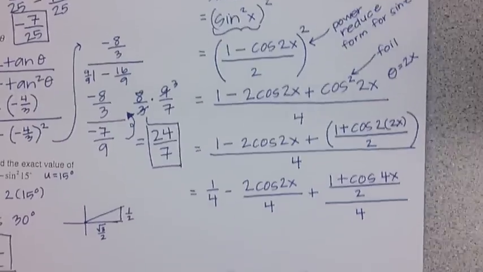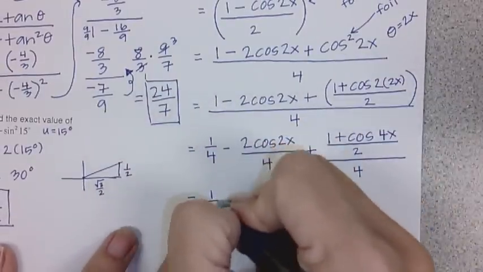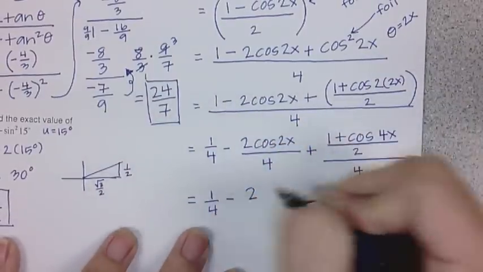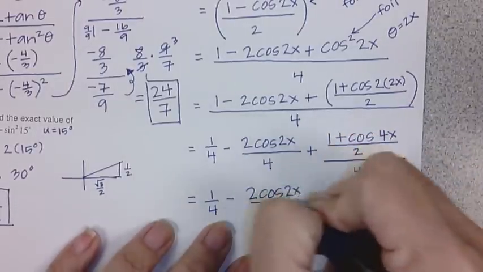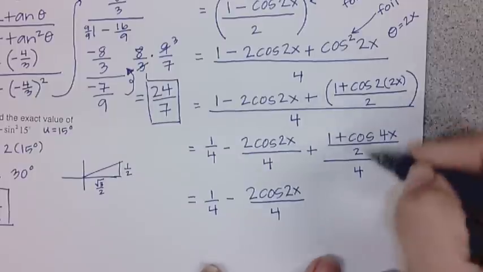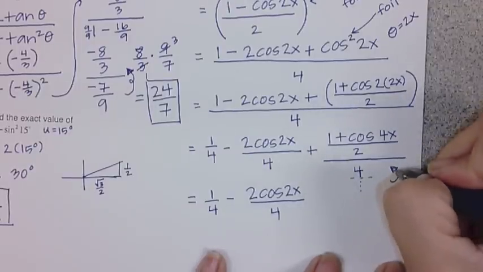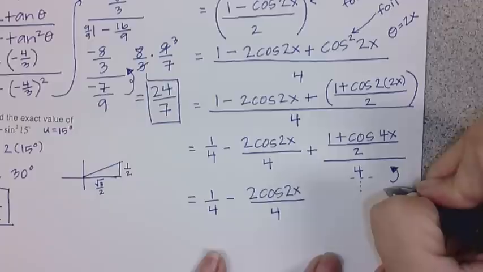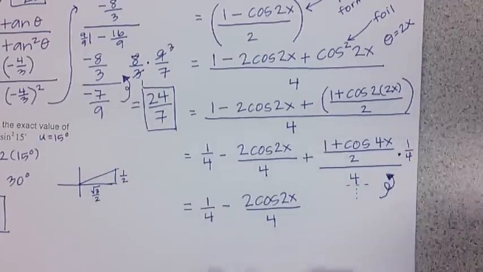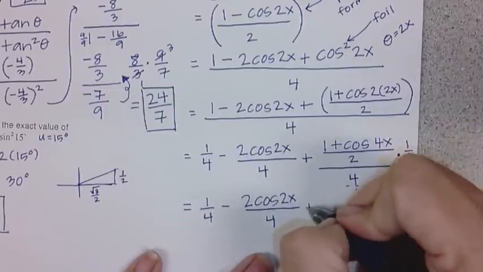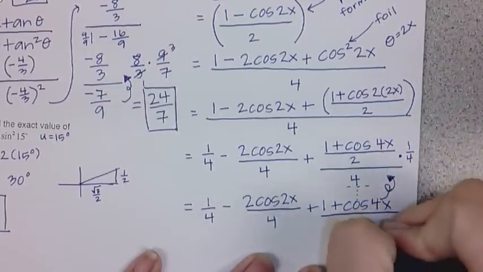And so then what we're going to do now is we are going to simplify our complex fraction. So this is really 4 over 1, so when I copy that flip, then I would get 1 plus cosine 4x over 8.